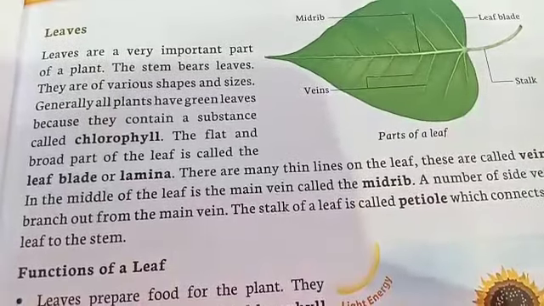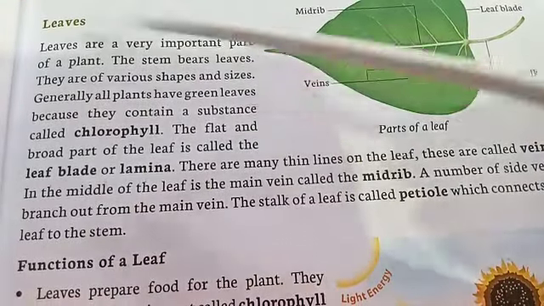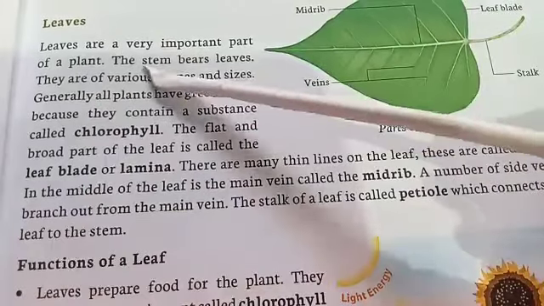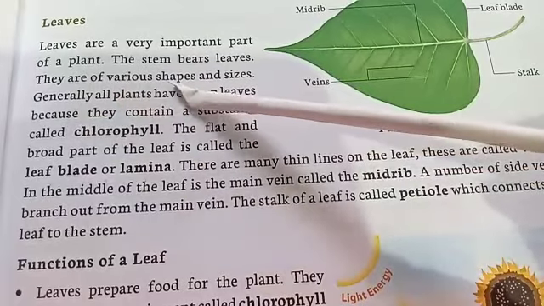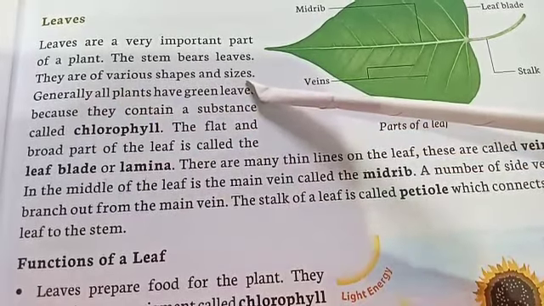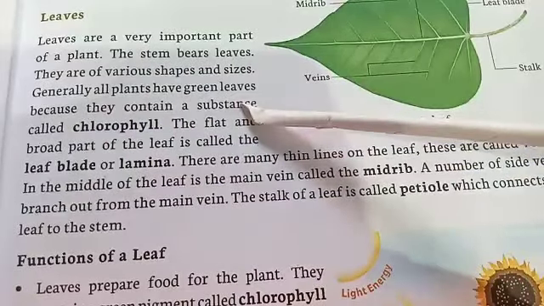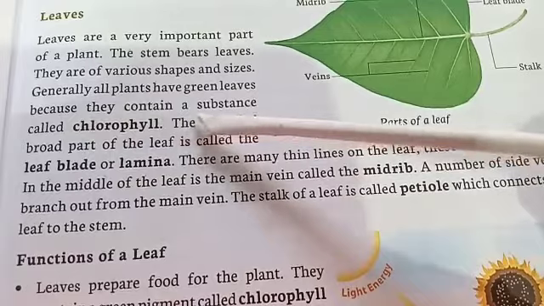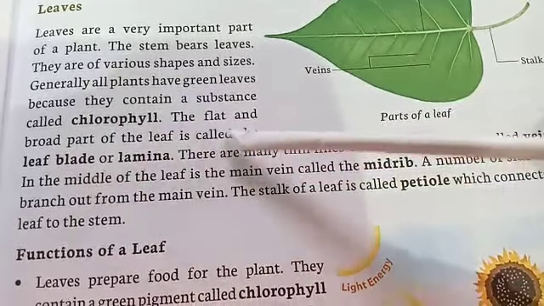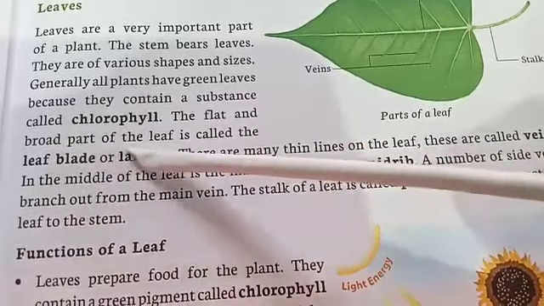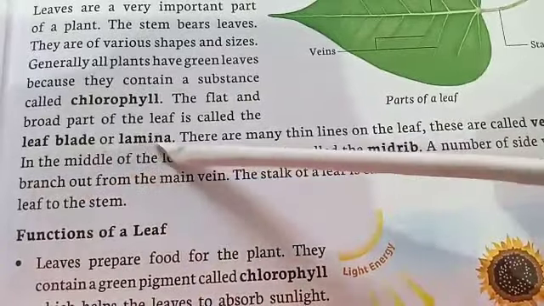Let us read about leaves. Leaves are a very important part of a plant. The stem bears leaves. They are of various shapes and sizes. Generally, all plants have green leaves because they contain a substance called chlorophyll. The flat and broad part of the leaf is called the leaf blade or lamina.